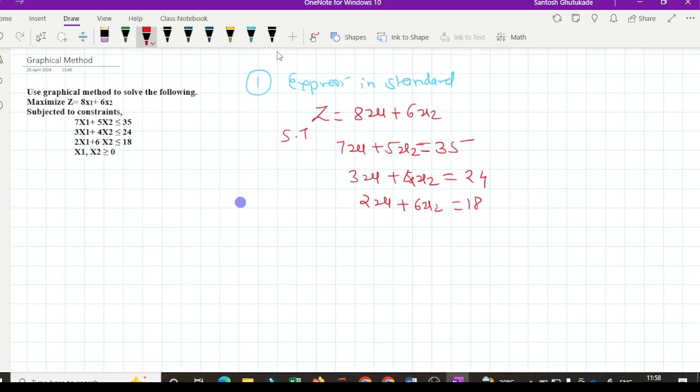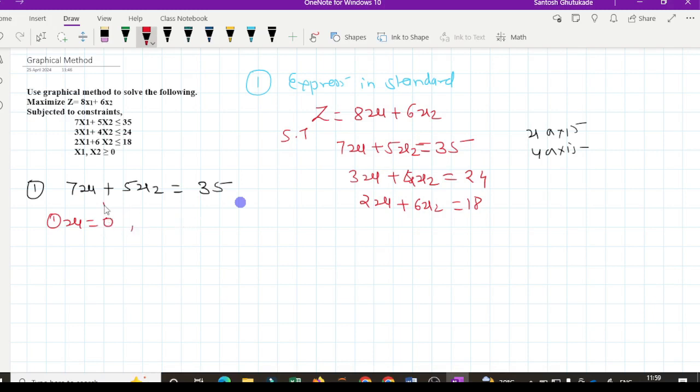Now one by one we have to solve these equations and find out the coordinates on the x-axis and on the y-axis. So first I am solving the equation 7x1 + 5x2 = 35. In this case I first put x1 = 0 and find out the value of x2.